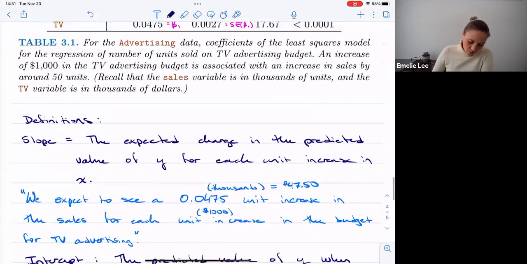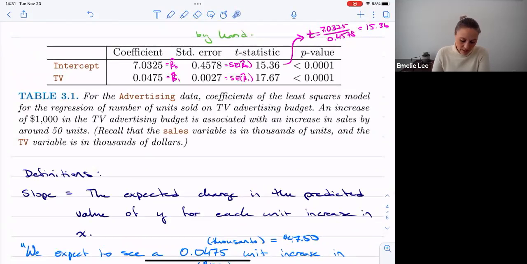So what we can do is we can build the model. We write out this model and it becomes Y hat.